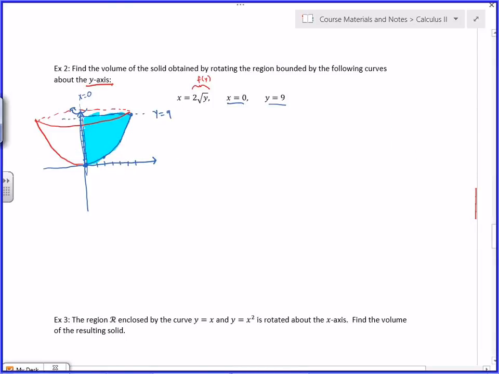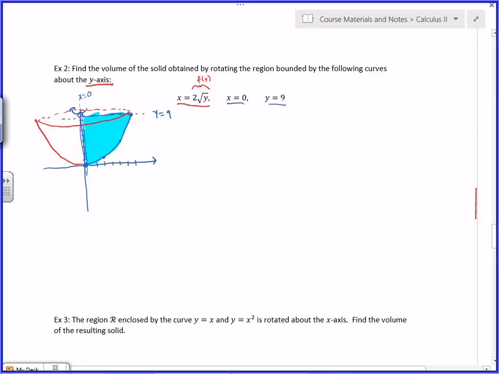There. Okay, so what I did last time was we started with this curve, x equals 2 square roots of y, and I graphed it. You can use whatever graphing tools you have available to you, Wolfram Alpha, your graphing calculator, or just start plotting some points. I graphed x equals 0 and y equals 9 first, and then looked at different values I could plug in for y to see what I got for x, and that's where I came up with the blue curve, and now got that region.